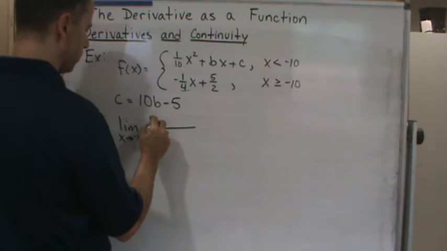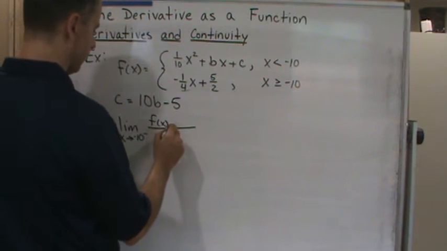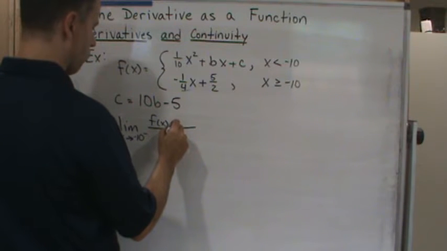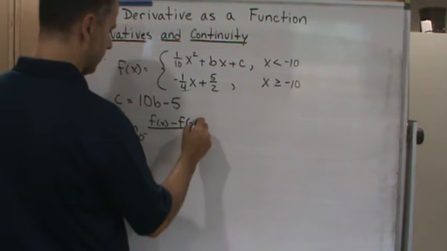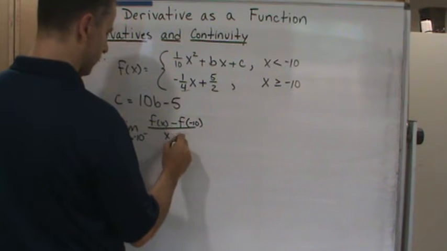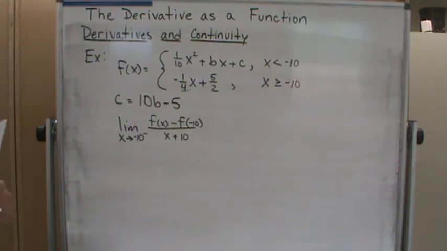And so we're going to use f of x minus f of negative 10 over x minus negative 10, which is x plus 10.